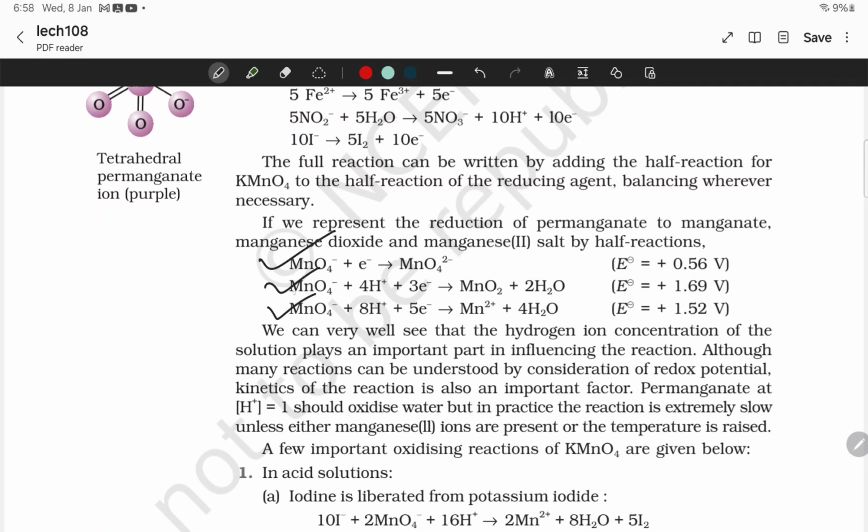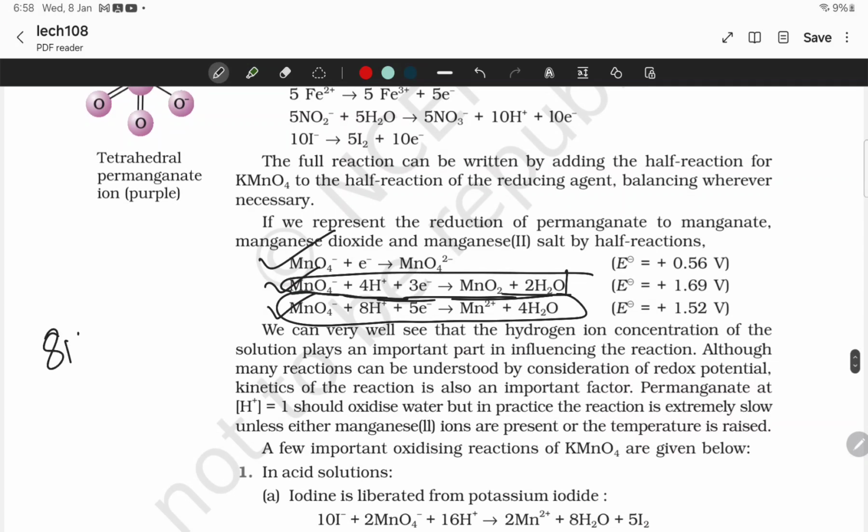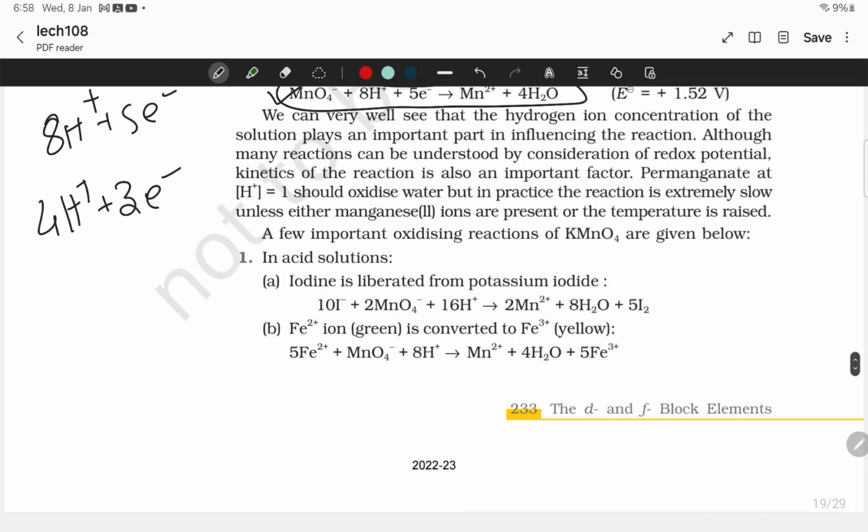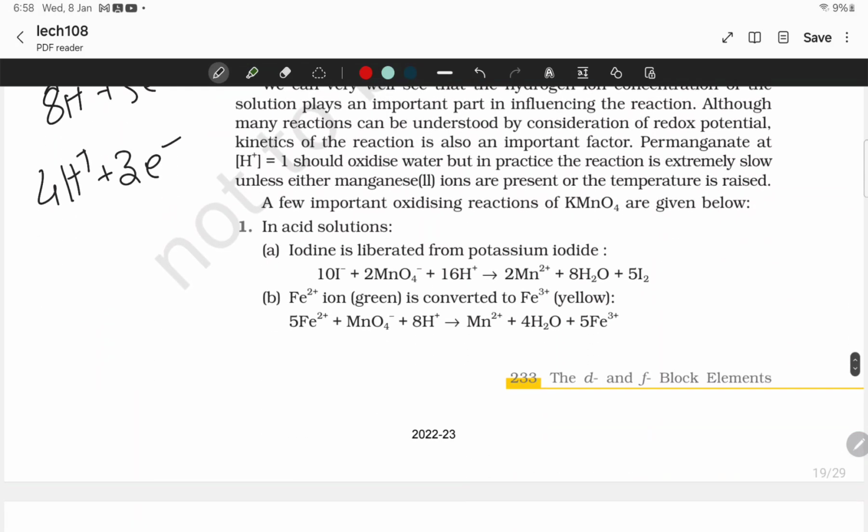This is in basic and neutral medium. This is in acidic medium. In acidic medium 8H plus 5 electrons. The other medium it is 4H plus 3 electrons. This is the thing you should remember. Then others you can do. The thing is that in acidic medium we get I minus becoming I2.